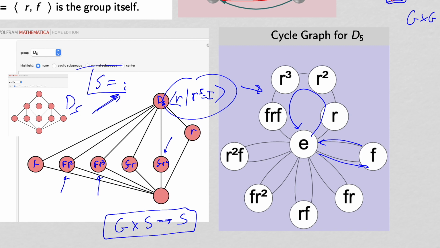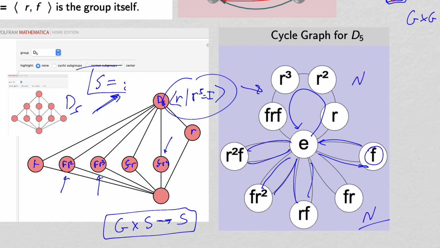And this is where you start seeing things that make D5 very similar to D4 and D3. You'll always have a cyclic subgroup of rotations that is of order n, and you will always have all of the involutions. And how many involutions will you have? You'll have n involutions.